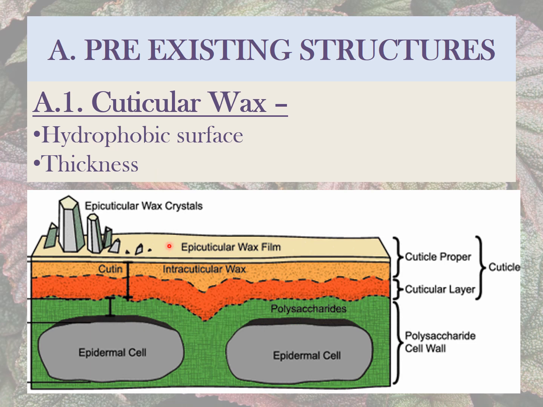Like we know, the cuticle is a thick layer present outside the epidermal cells of the plant. It has a hydrophobic surface due to the wax present in it, and the thickness of the cuticular wax also matters in reducing secondary infection, and in reducing the penetration capacity of the pathogen.